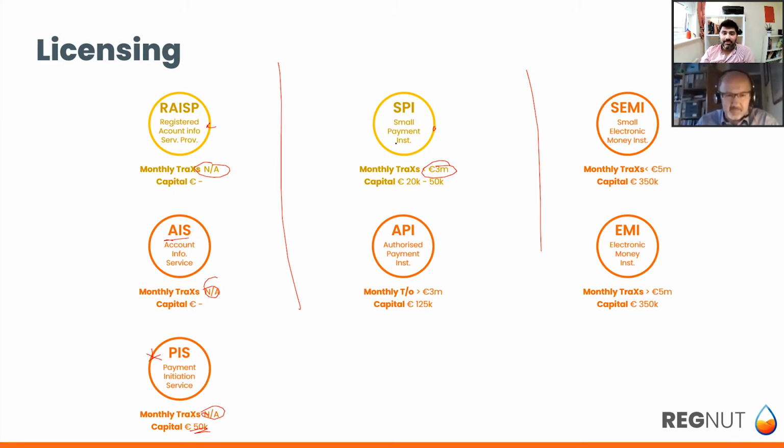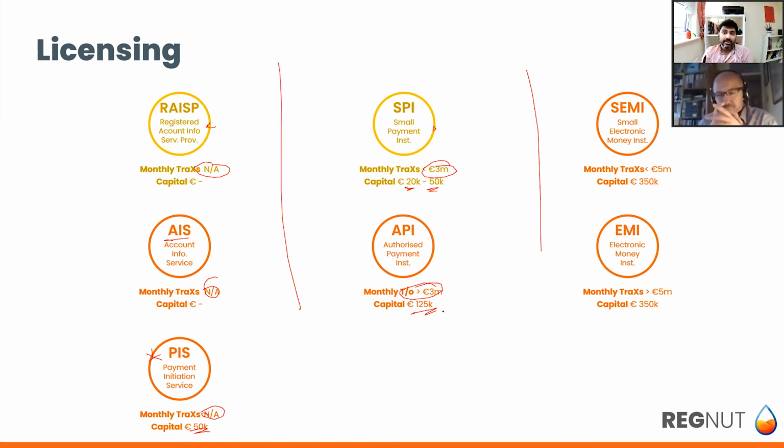In the small payment institution, this is where you're undertaking payments activities, so things like remitting money, or running a POS, where people are using a card at the merchant and you're taking money and putting it into the merchant's account. Those are effectively payment services. So if your monthly transactions are less than 3 million, then you need capital anywhere between 20 to 50K. 20K is for remittance and 50K is for other services.